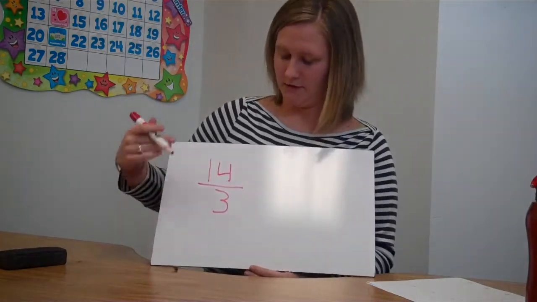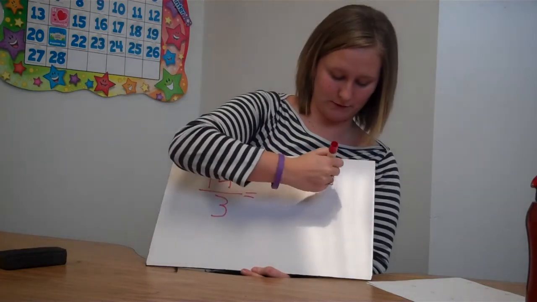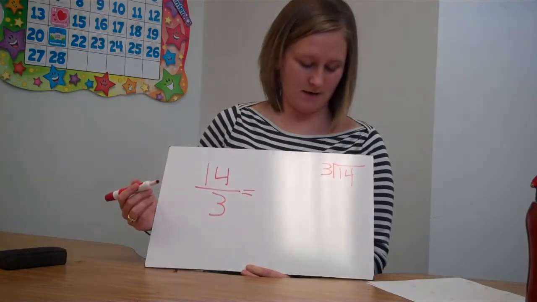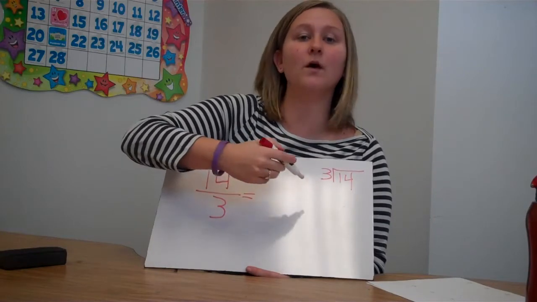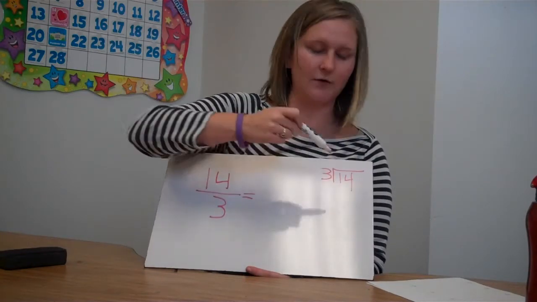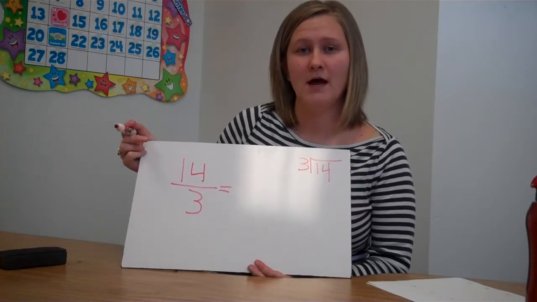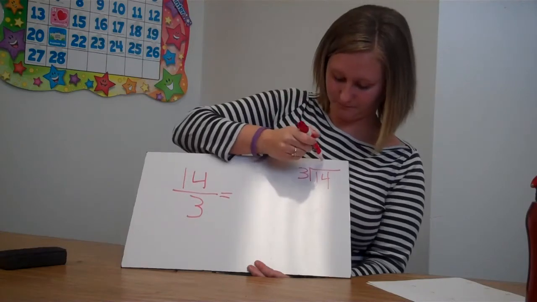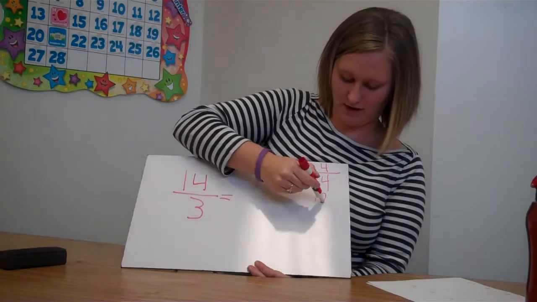14/3. Okay, again, the very first thing that you're going to ask yourself is, how many times does 3 go into 14? Okay, so looking, either skip counting or multiplying, I know that 3 times 4 is 12, and that's the closest that I can get to 14. So I put a 4 up here. 3 times 4 is 12.